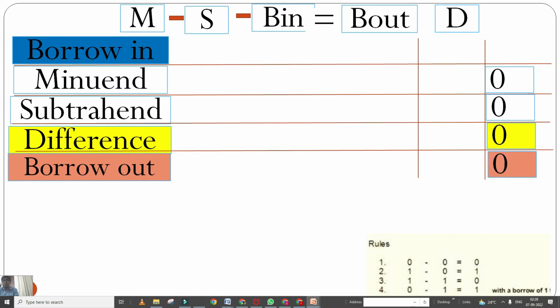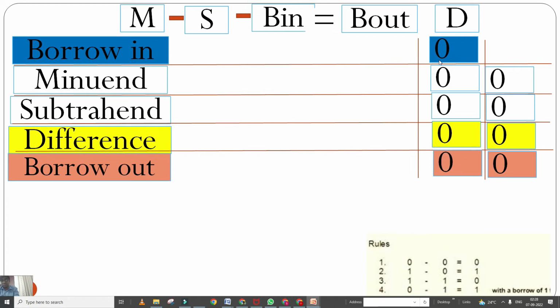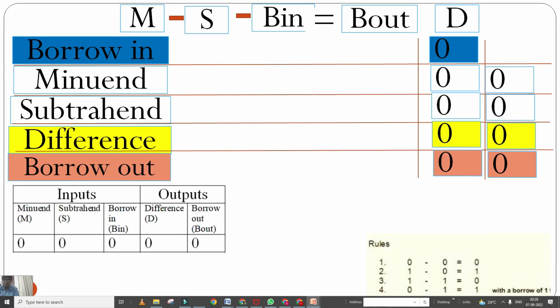This borrow out is propagated into the next. So this borrow may be 0 or 1. Let's consider the borrow in is 0. So 0 minus 0 minus 0 is 0, and the borrow out is 0.